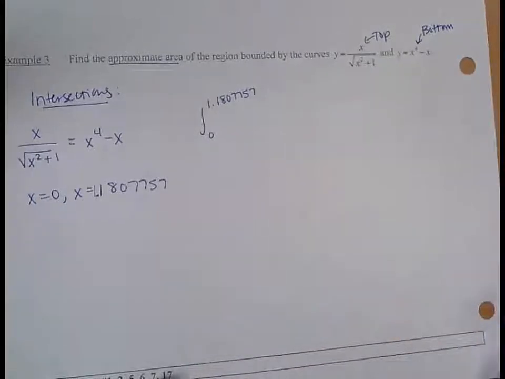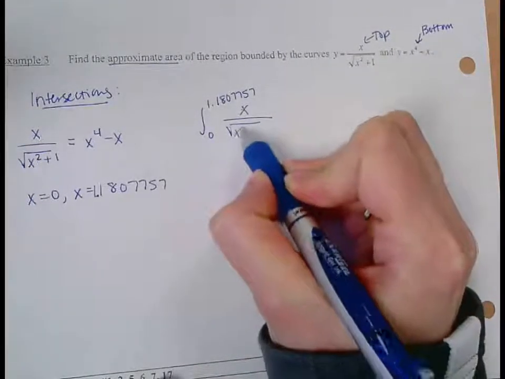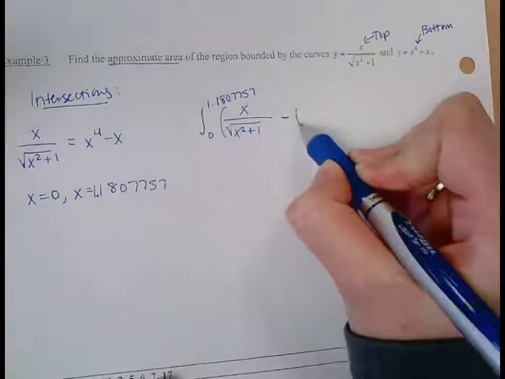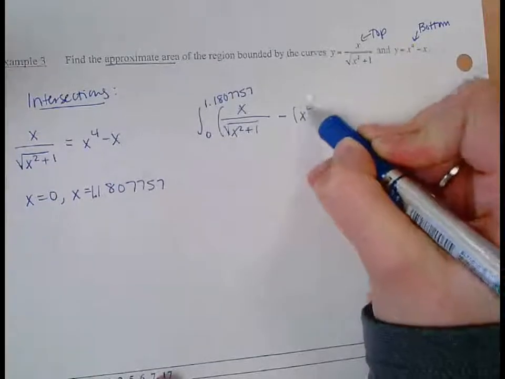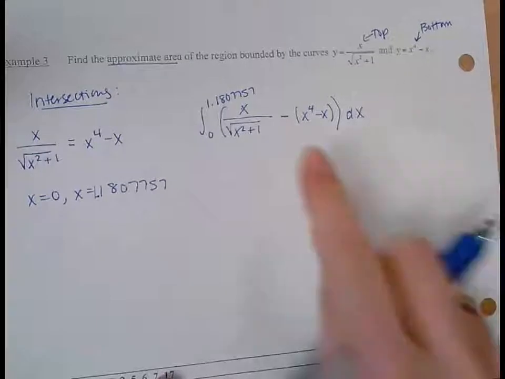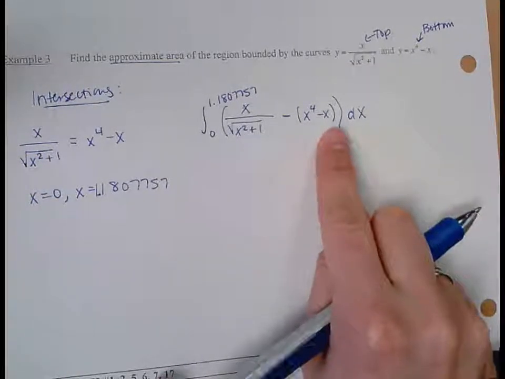So it would be x over the square root of x squared plus 1 minus, and make sure when you're subtracting, it would be minus the quantity x to the fourth minus x. So it would really be minus x to the fourth plus x.